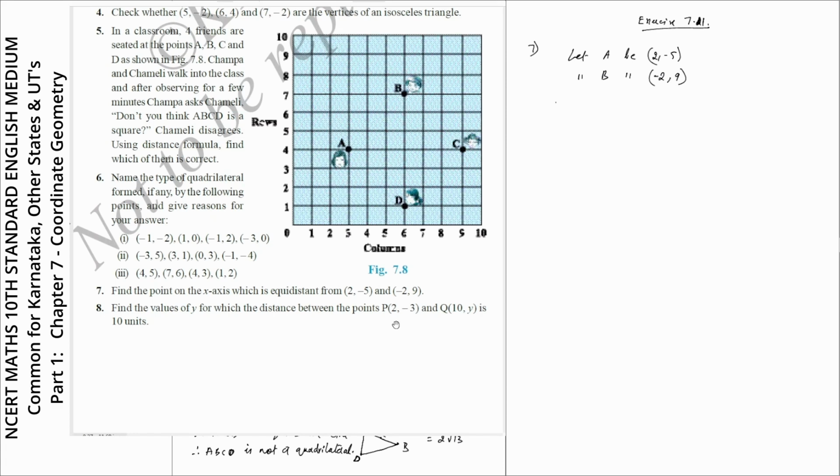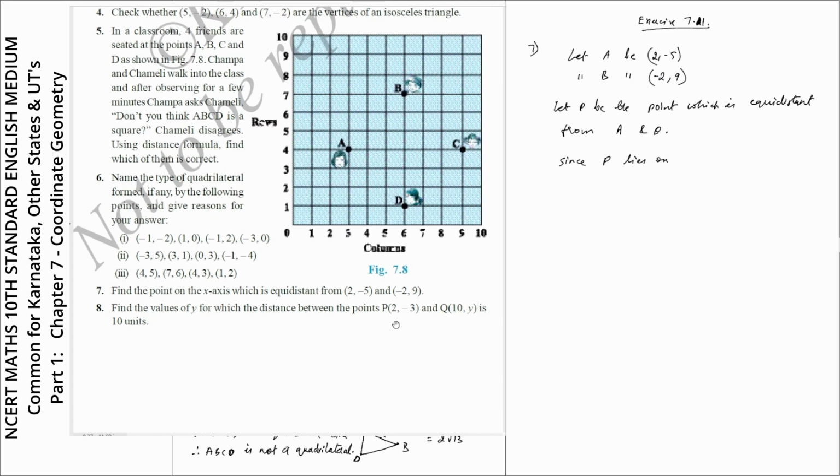Okay, let P be the point which is equidistant from A and B. Now since P lies on the x-axis, so it's given, find the point on the x-axis which is equidistant.